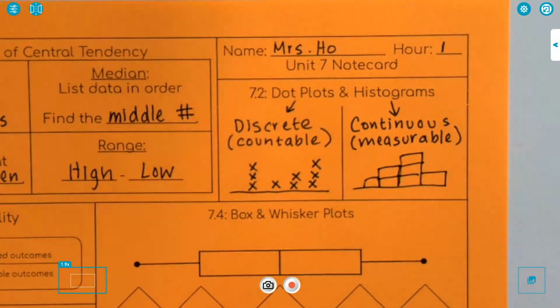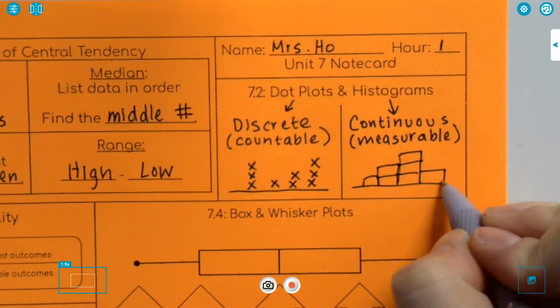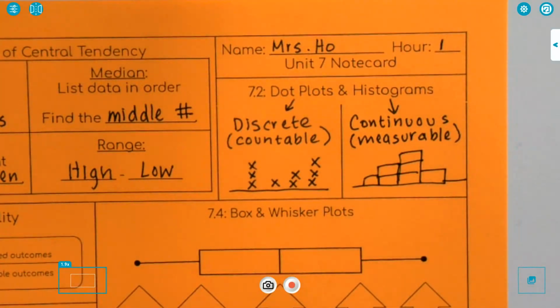Again, I'm just drawing random bars. You just need to know what they look like. Okay, any questions about dot plots or histograms?